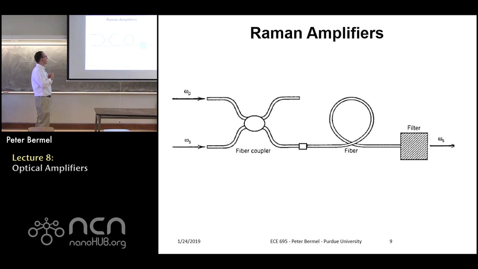So this is something that's based on the Raman effect, right? And what's happening is that the presence of this signal is causing the pump power to preferentially be shifted into the signal to boost the signal in a way that's coherent with respect to the original signal. So you maintain the polarization and the wavelength and everything else of the original signal. It's not just random noise at this point, right?